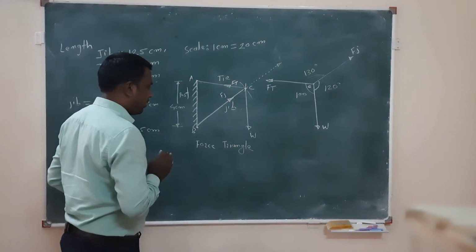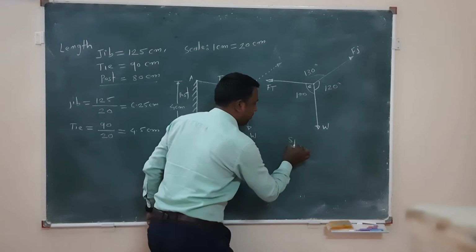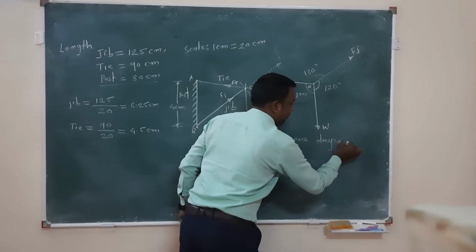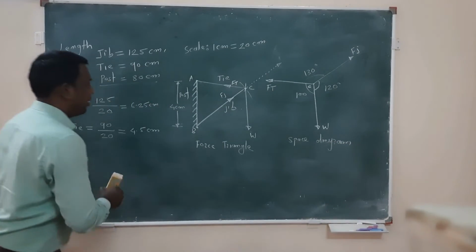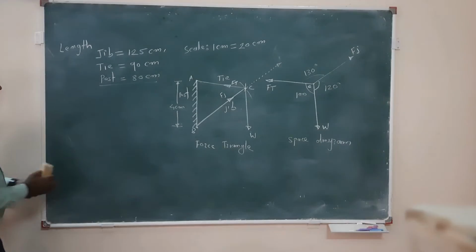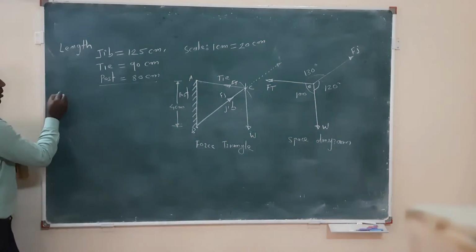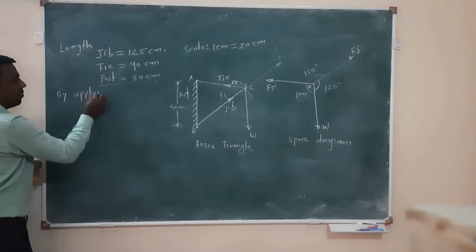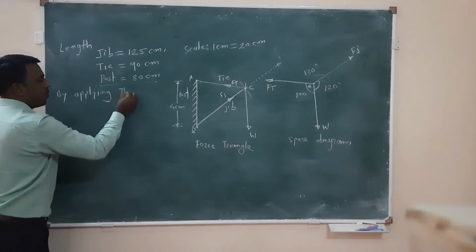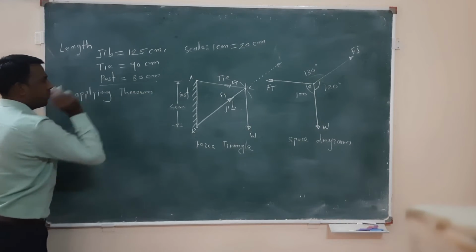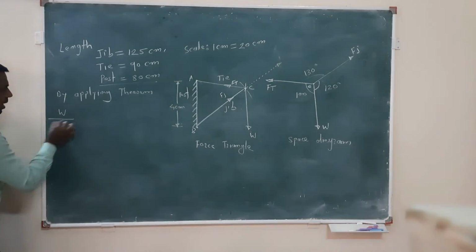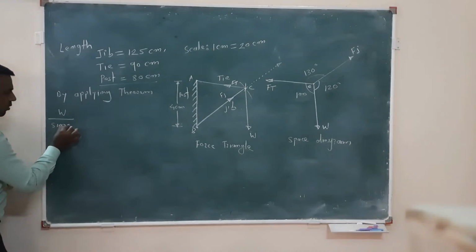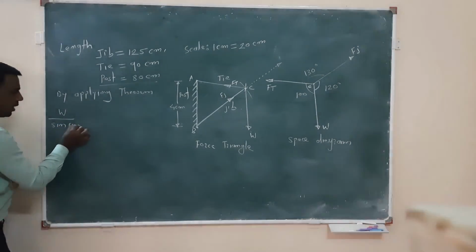So how Lami's theorem is given: this is the space diagram. By applying Lami's theorem, W divided by sine of 130, because we have to consider the opposite angle.